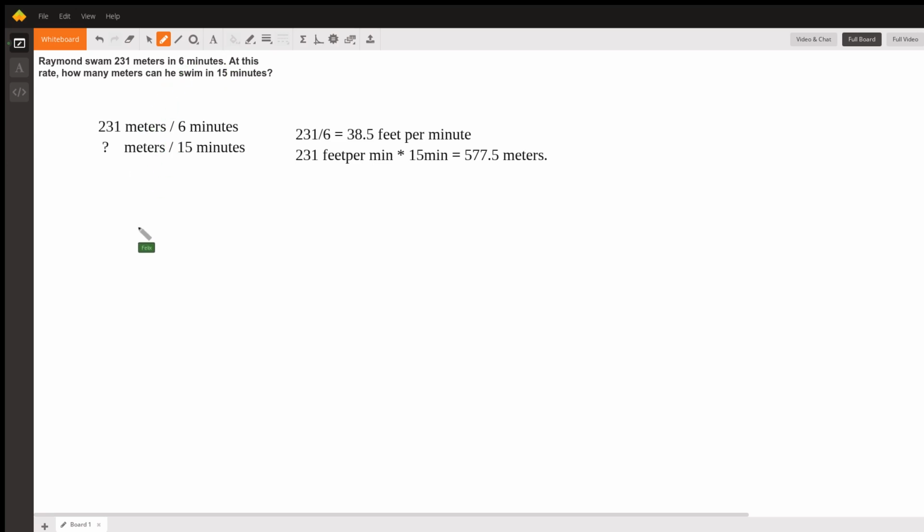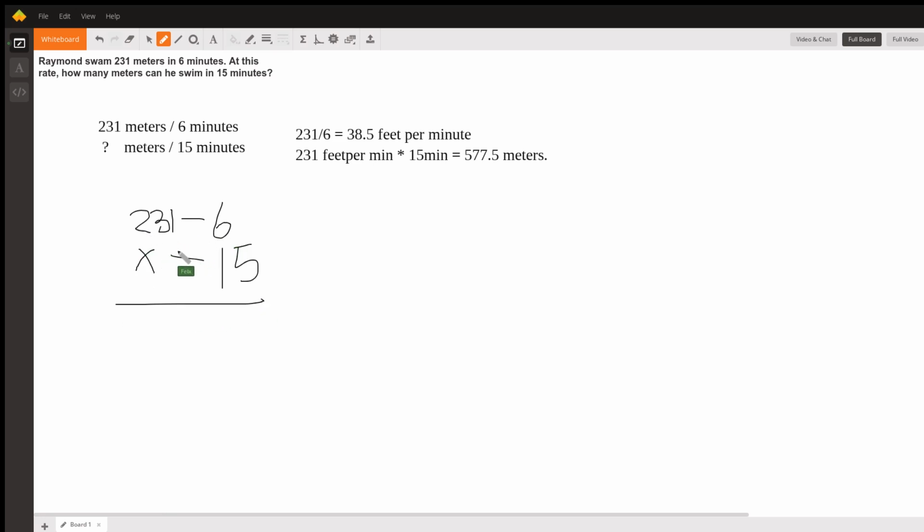Basically, you're gonna say that 231 is to 6 minutes as x, which is the amount of meters you're trying to figure out, is to 15 minutes. Then you cross multiply and figure out what the value for x will be.